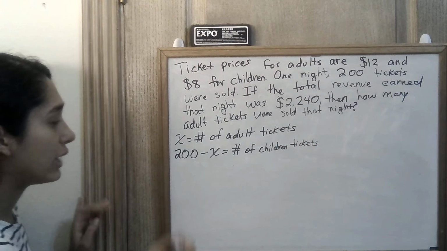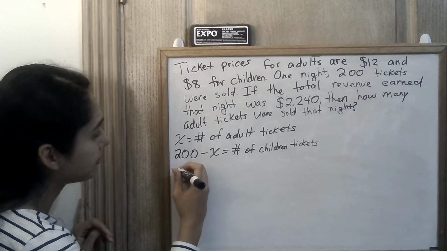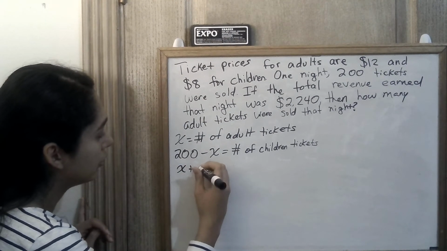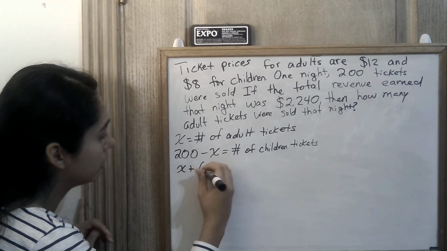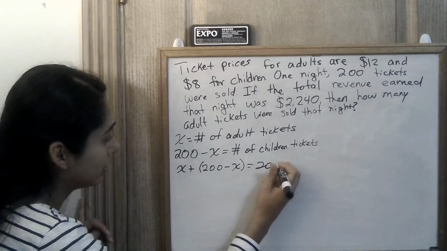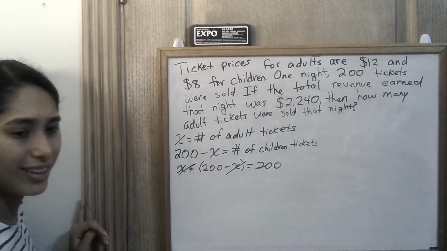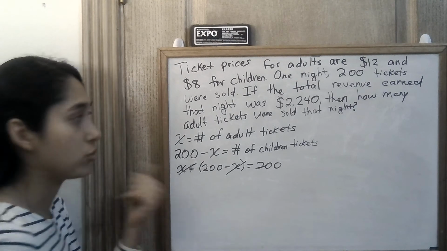Okay, and if we would add all of this together, really, X plus 200 minus X is 200. Yeah, it's indeed 200 because this X and this X is going to cancel out. So really this equation does hold true.